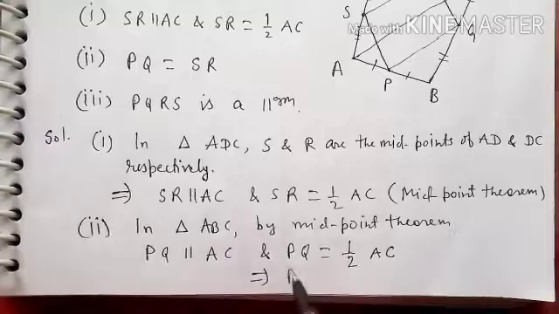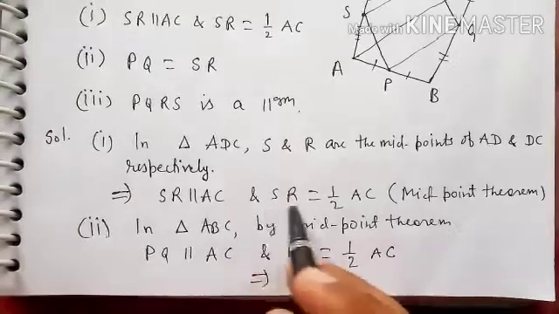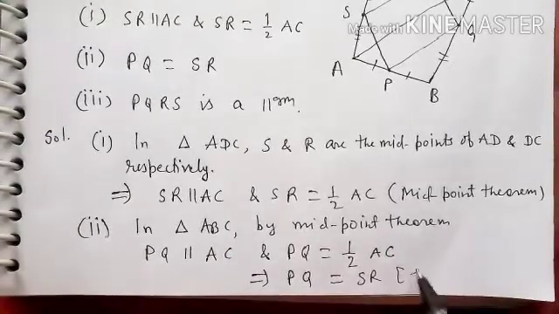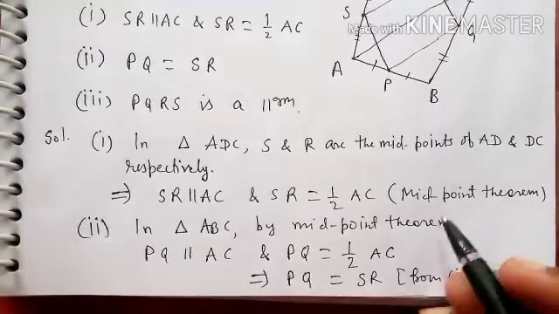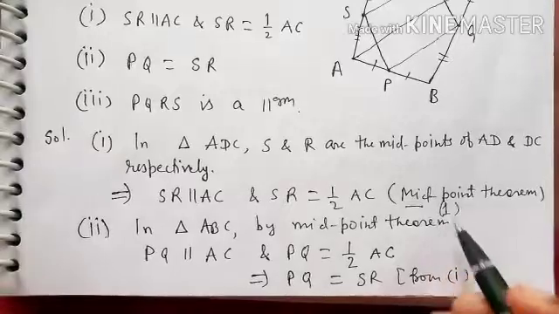This implies that PQ is equal to half AC is SR from first. Now this is equation 1, this is equation 2.